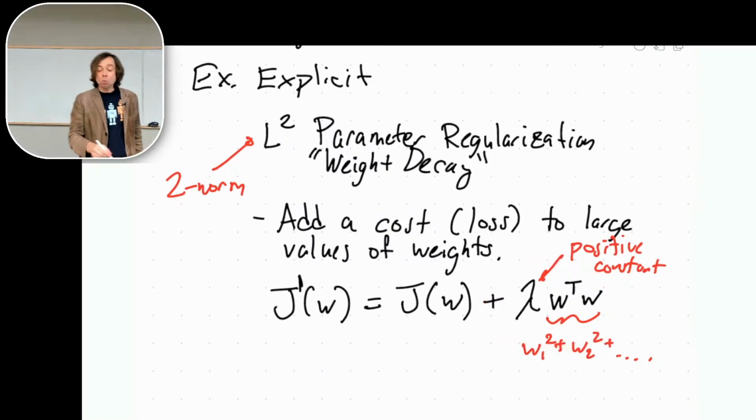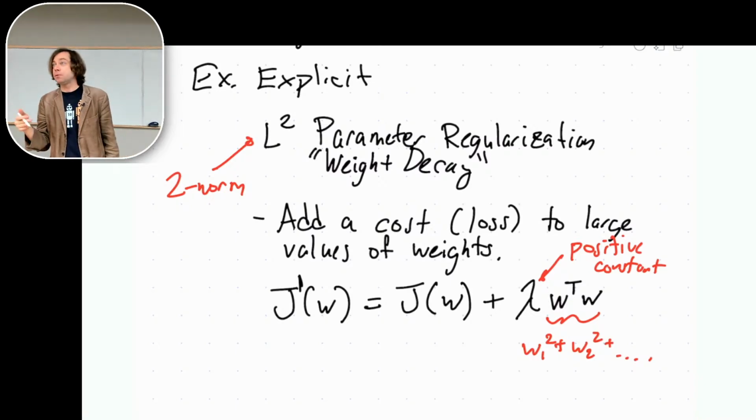So why is it explicit? It's because you only need to add this term to the cost function when you're training. You don't need to check the test set to see how well it did in order to implement it, right? A little term like that. It also can be just generally helpful for optimization.